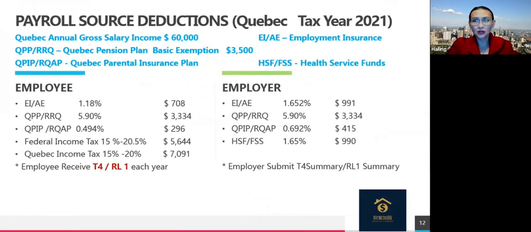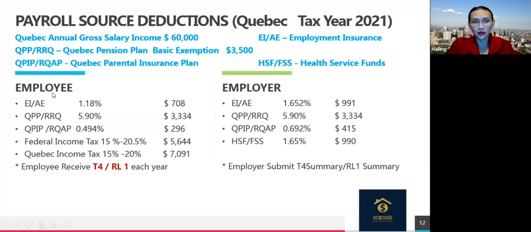So how to understand your payroll, where your money goes. A lot of people say, well, I work very hard, but I just feel like after paying all the obligations, not much money really deposits into your bank account, right? So just look at the payroll in Quebec. So let's say this person earns $60,000 per year gross income, and we need to pay all the obligations.